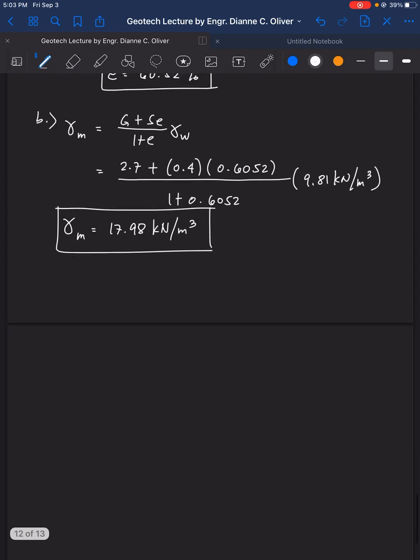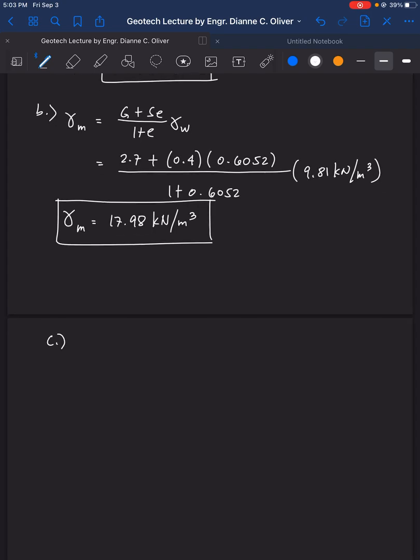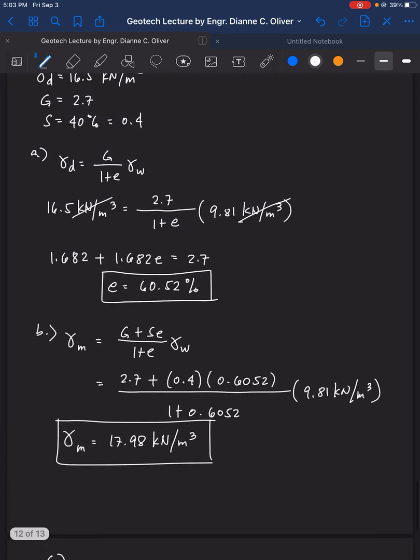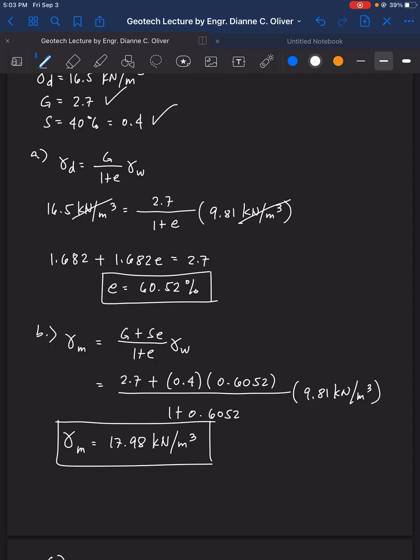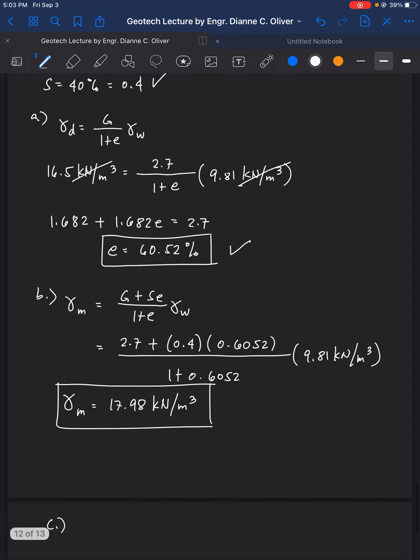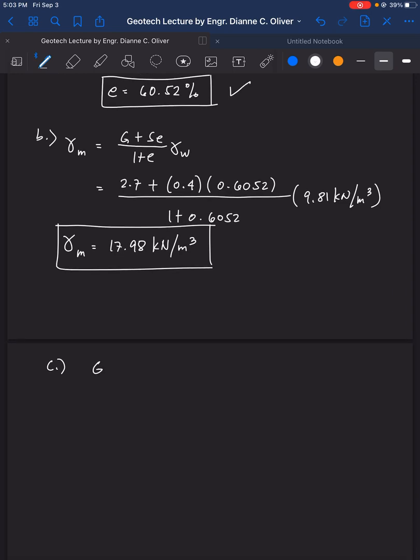So how do we get the value for moisture content? Since we now have the value for G, S, and E, we can now use GMC as E. G as 2.7. Okay, so 2.7 times the moisture content that is missing, equals S as 0.4 times E as 0.6052.